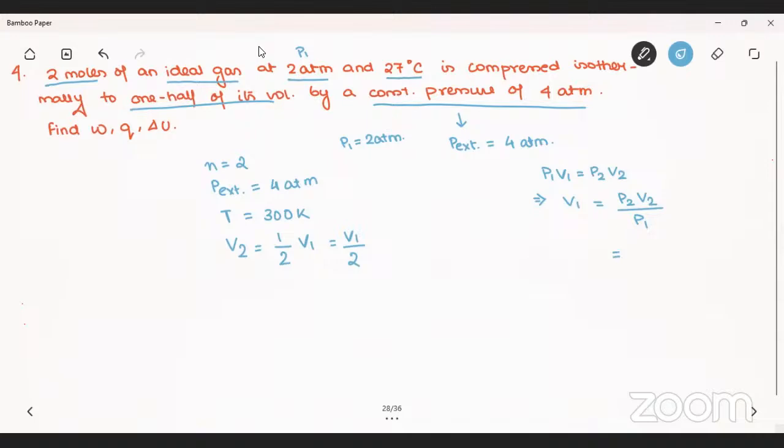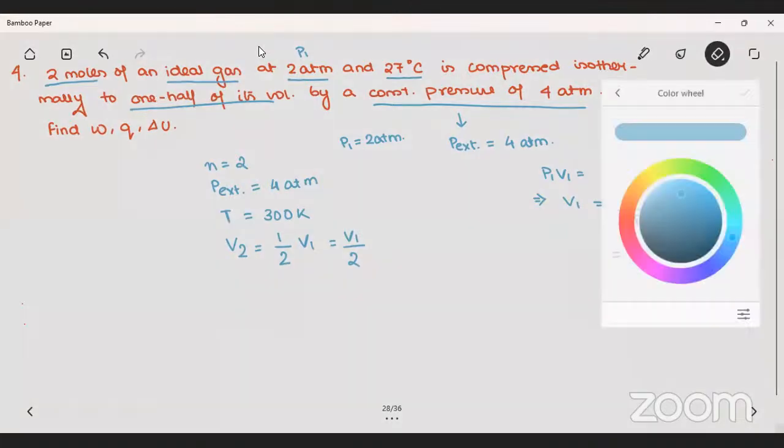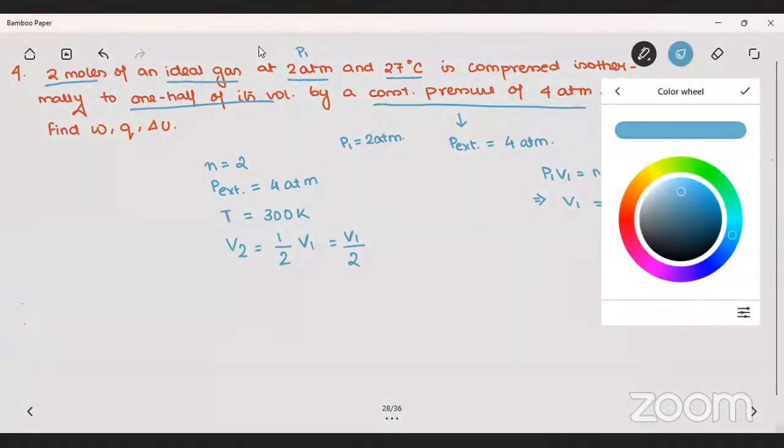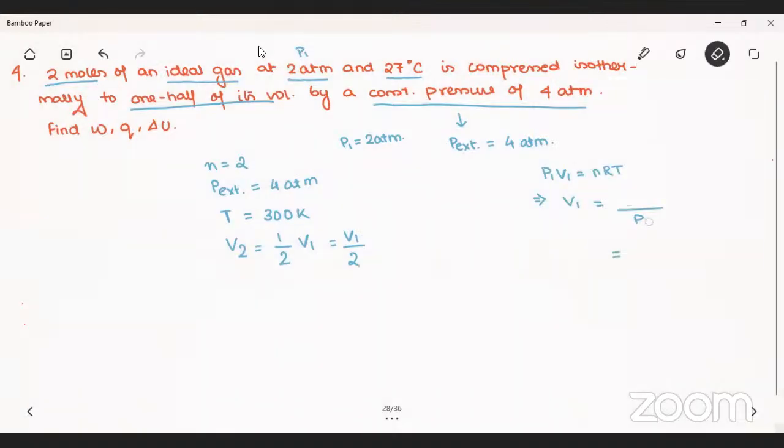You don't have to write P1. I just made you write it. Just write PV. PV is fine because you are denoting this with external.